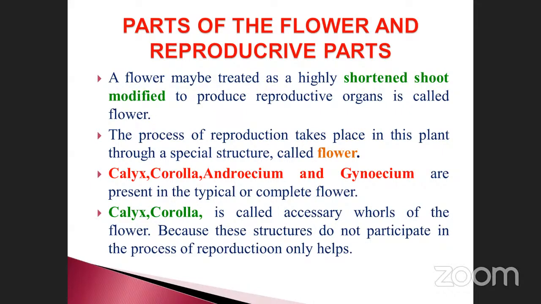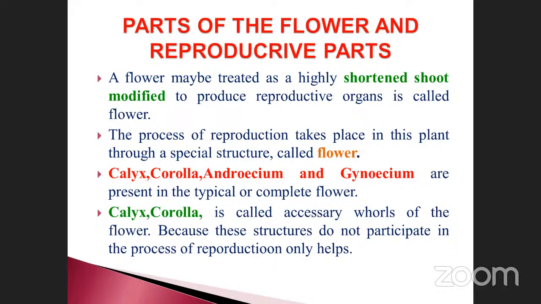The process of reproduction in this plant takes place through a special structure called the flower. The flower contains calyx, corolla, androecium, and gynoecium in a typical or complete flower. What is meant by a complete flower? What is meant by an incomplete flower? Already we discussed it.